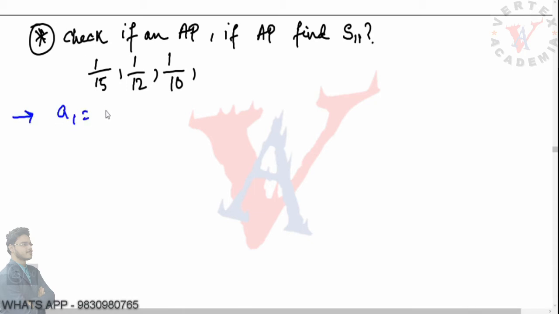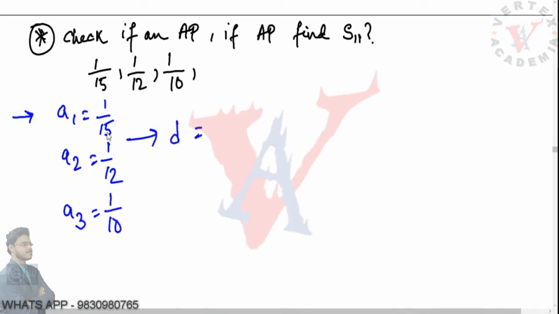A1 is 1 by 15, A2 is 1 by 12, and A3 is 1 by 10. So the difference is 1 by 12 minus 1 by 15. The LCM of 12 and 15 is 60, so this is 5 minus 4 over 60, which is 1 by 60, right?